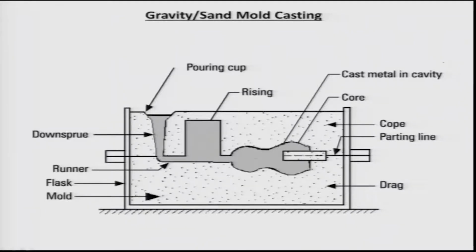As most metallic materials shrink during solidification because of a change of density, we need to take care of that. That is done by using a riser, which allows us to keep hot metal as an extra source. If there is a shrinkage in the casting, that can be taken care of by this riser.